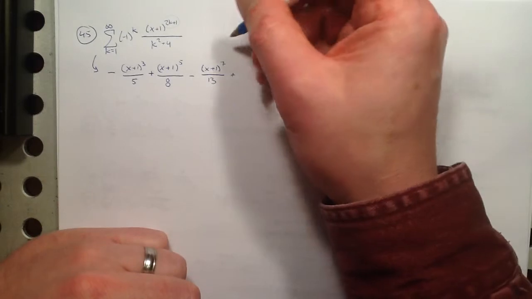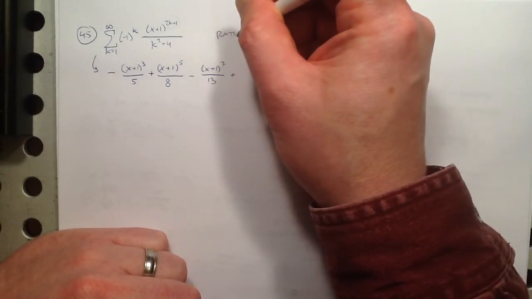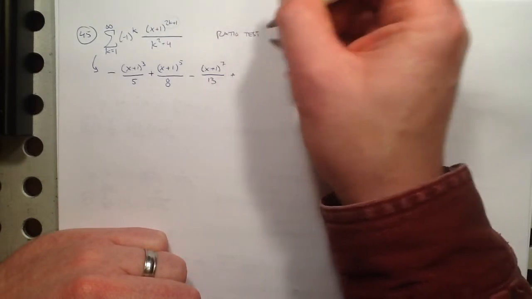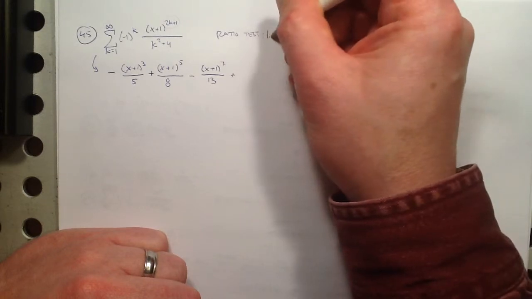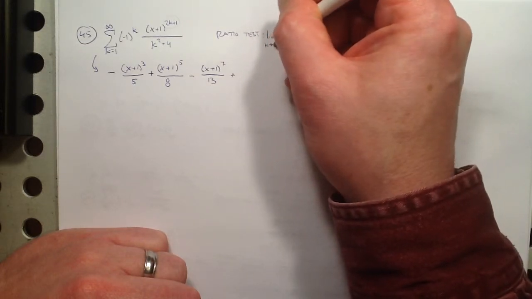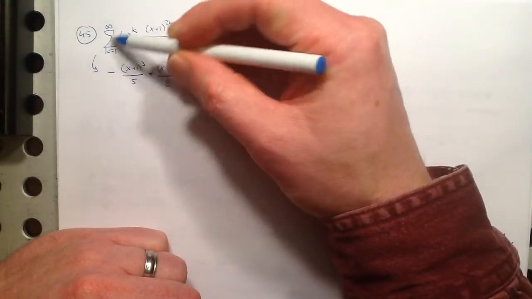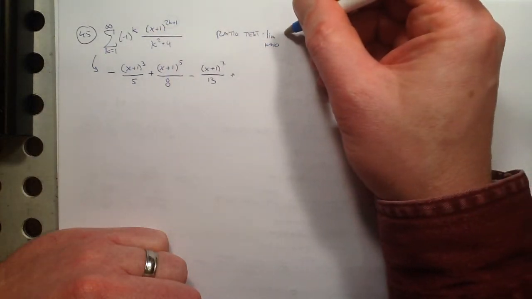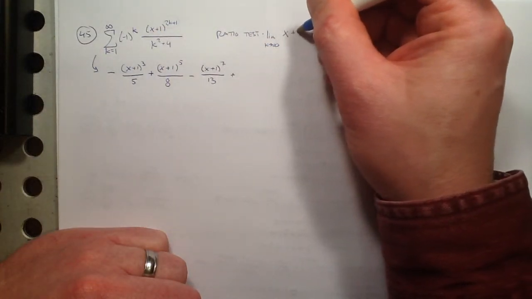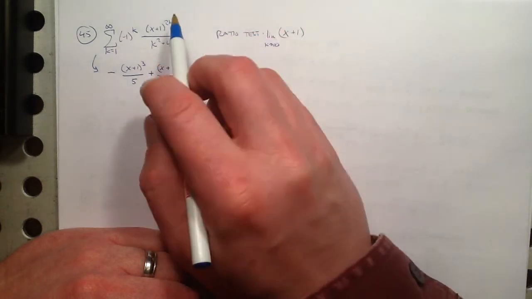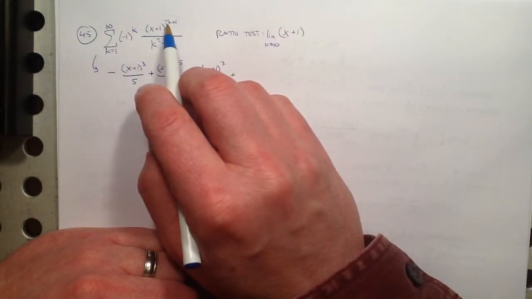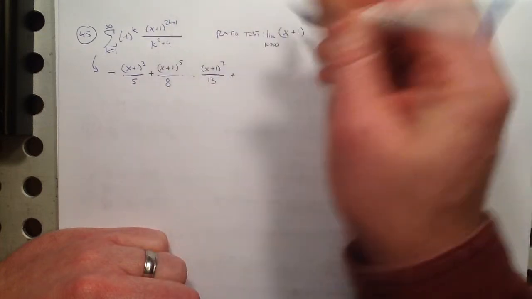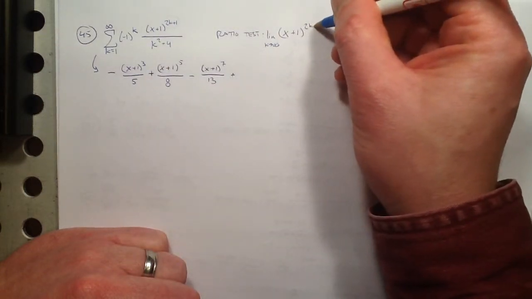Okay, do the ratio test. So what's the limit as k approaches infinity? I don't care about the sign flipper for the ratio test, so I'll leave that off. I have x plus 1 to the, when I plug k plus 1 in here, the 2 distributes through that. It gives me 2k plus 2 plus 1. That's 2k plus 3.